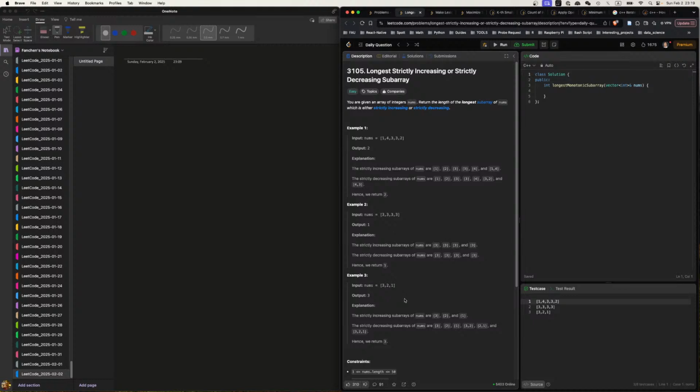We start from the second one, and we have a previous value. The current compared to the previous: if current is larger than previous, then you count plus plus, and again, current is larger than previous, count plus plus, and current is smaller than previous.